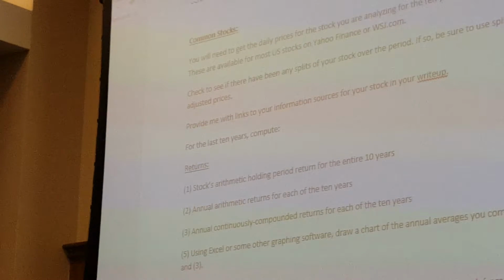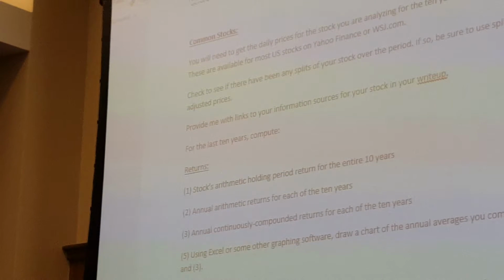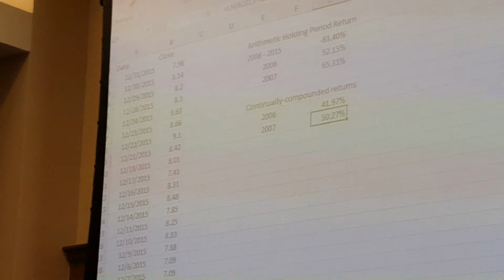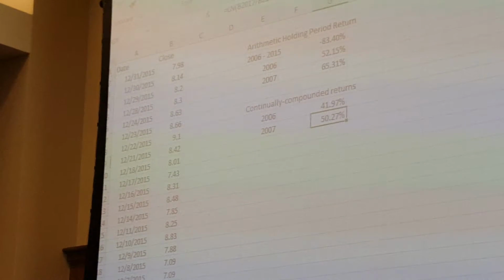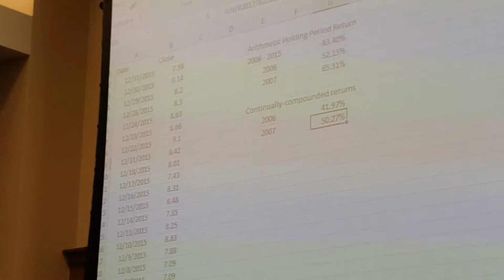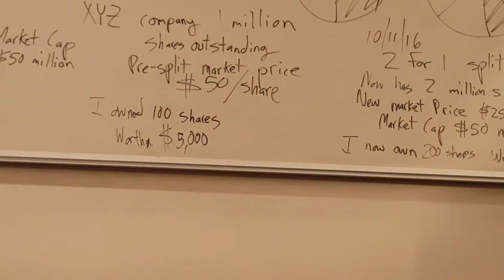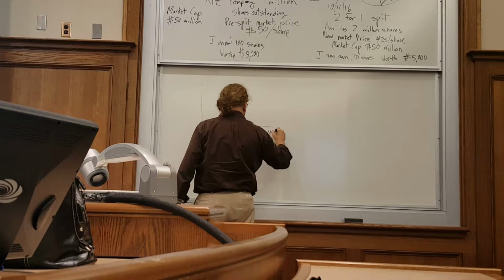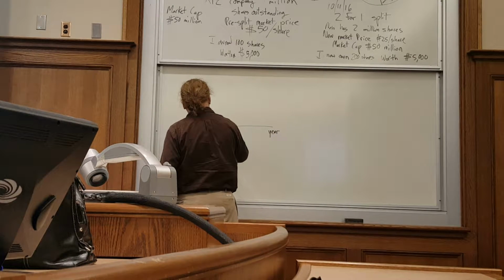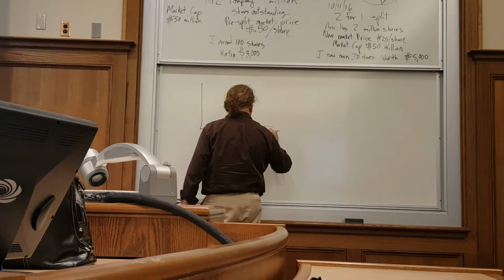Okay, so now what it's asking for is for you to draw a chart, put them both on the same chart of these annual averages, and what you'll do is you'll just put the year on the horizontal axis. So you'll have 2006, 2007, and so on, up to 2015.